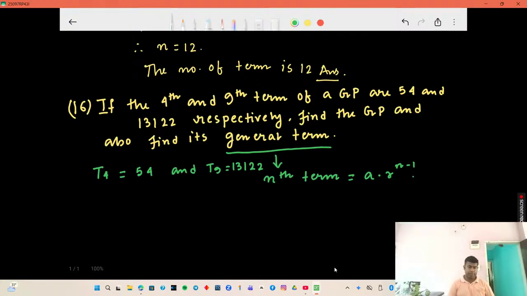Is it clear to you? Now, what is the value of T4? The value of T4 is A into R cube. And what is the value of T9? The value of T9 is A into R to the power 8. So now, by dividing T9 with T4, we will get the value of R. And R is denoted as the common ratio.